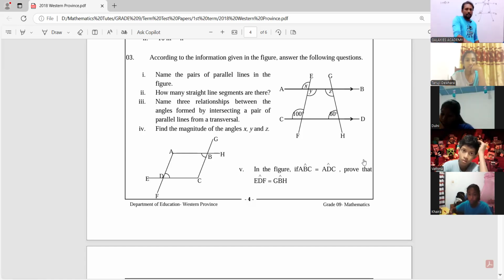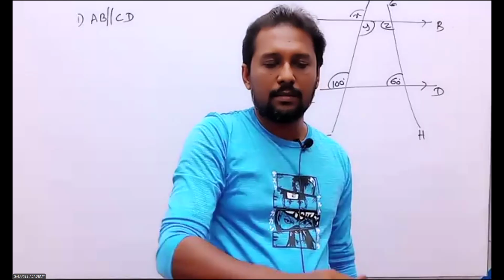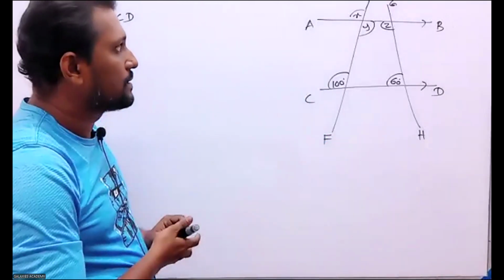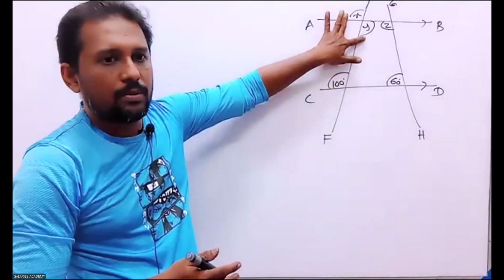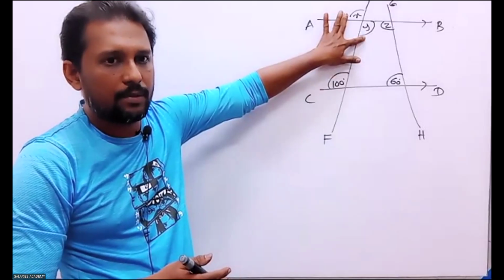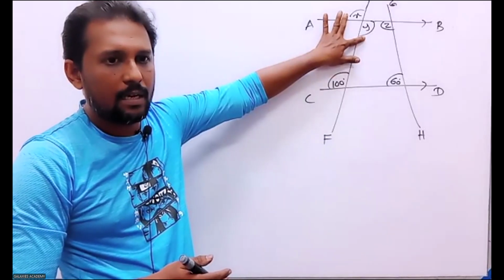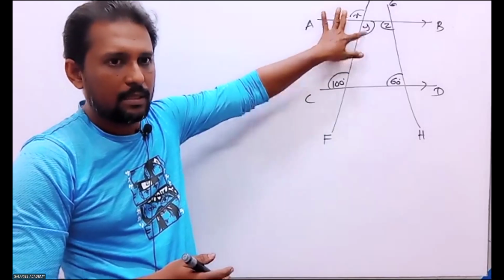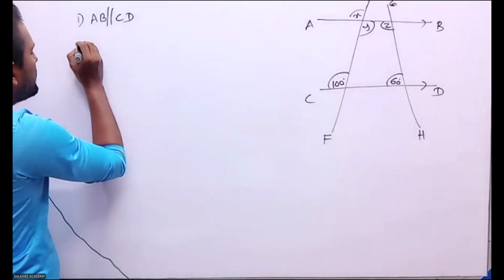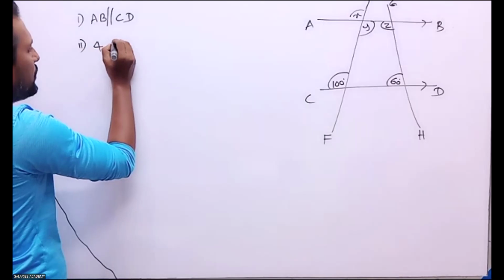Right. What are the 3 relations you can write of the angles? Look at these two. They are equal. Why? They are vertically opposite angles. So one relationship you can write. Second one also 4 straight lines.